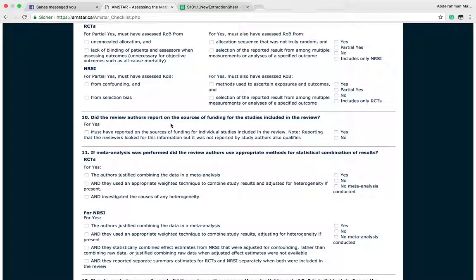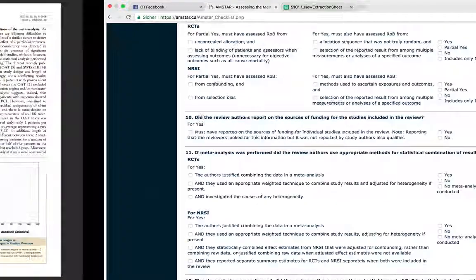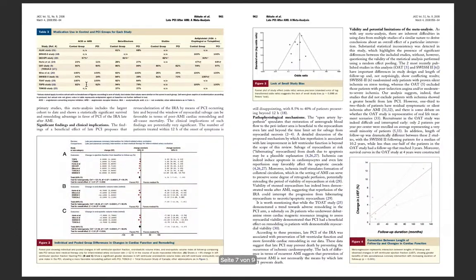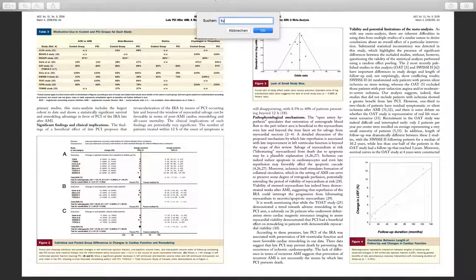So did the review authors report on the source of funding? Okay, let's see. Funding. I don't think it's important. I may search for fund.